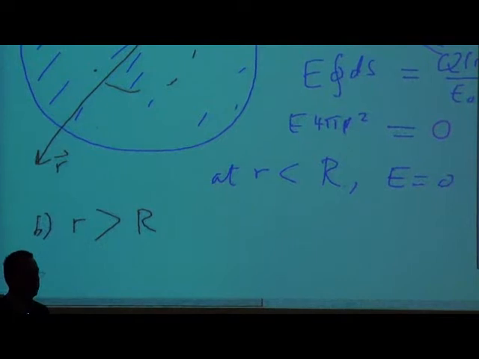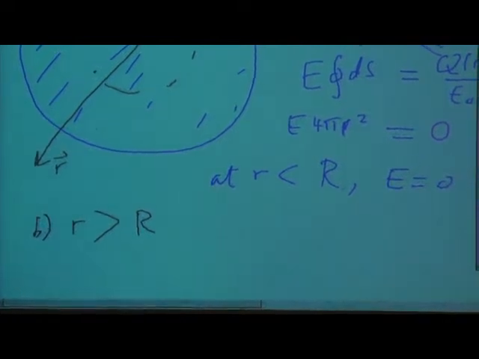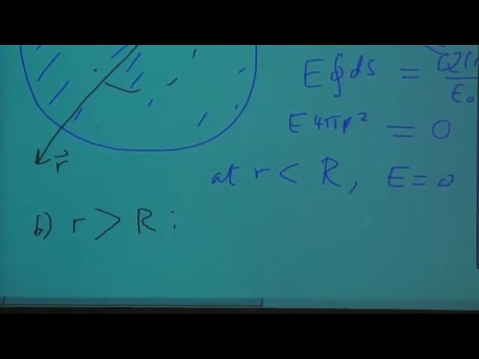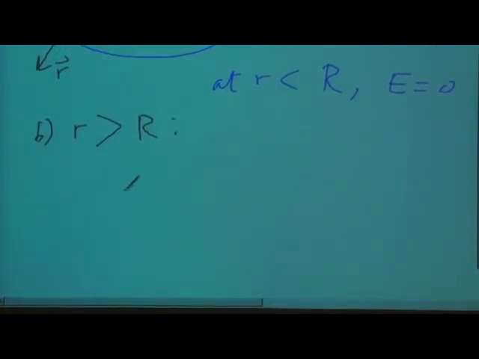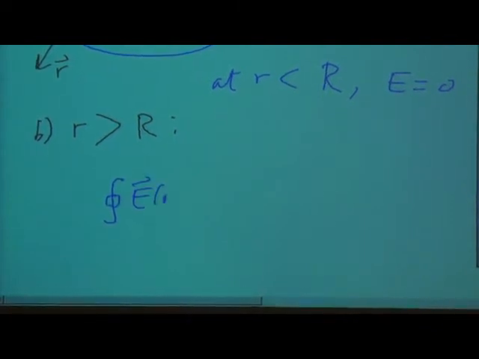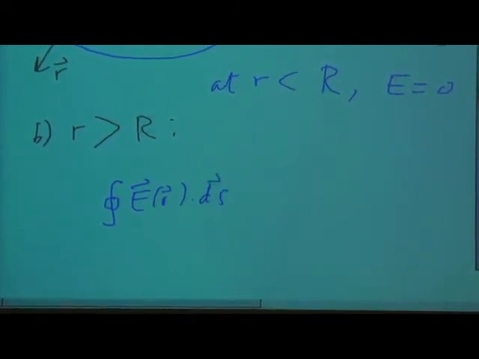Okay? Now what will happen? Well, the arguments are all the same. There is spherical symmetry. Gauss's law appears exactly the same way. So we have, once again, Gauss's law becomes E times just 4 pi r squared because E is constant over the surface.